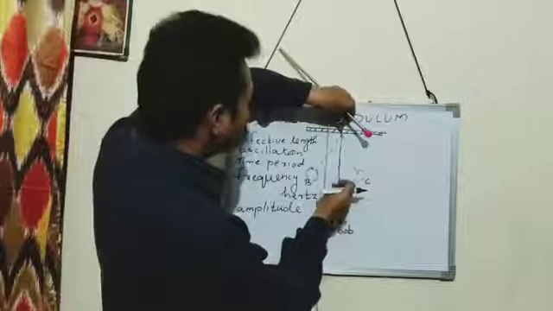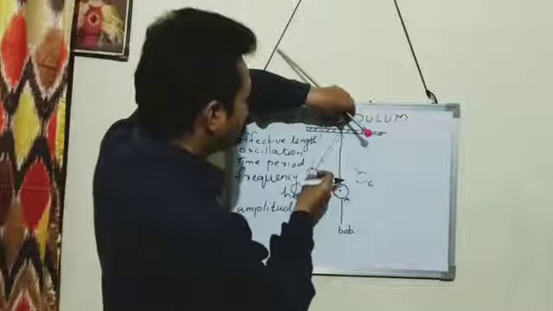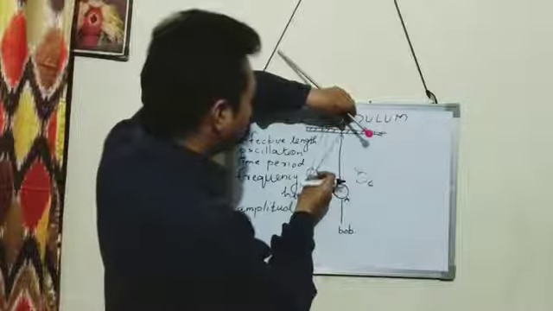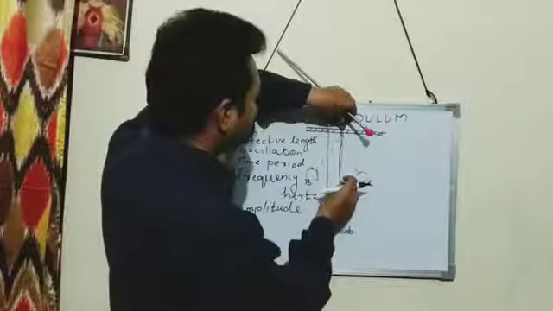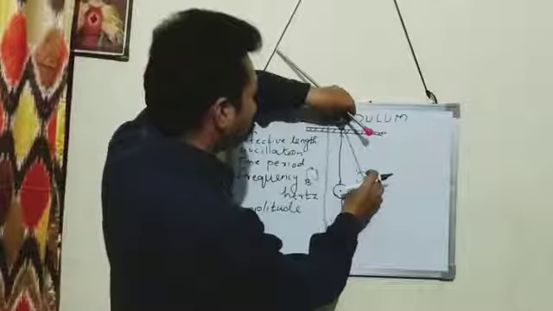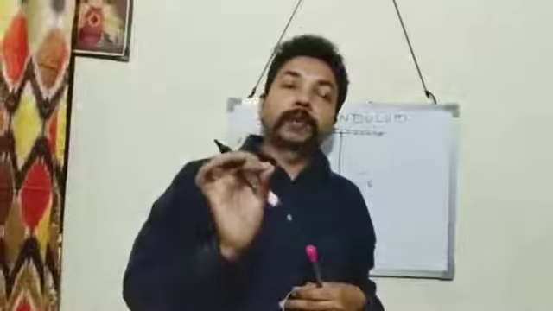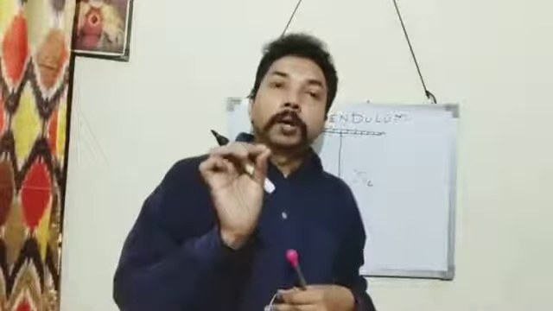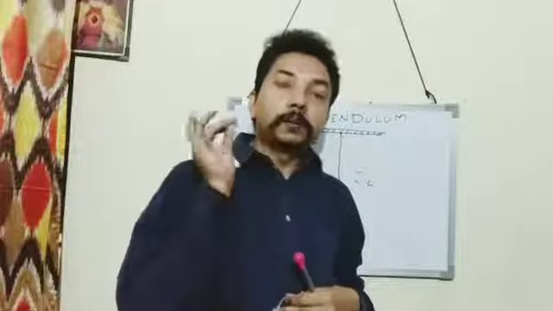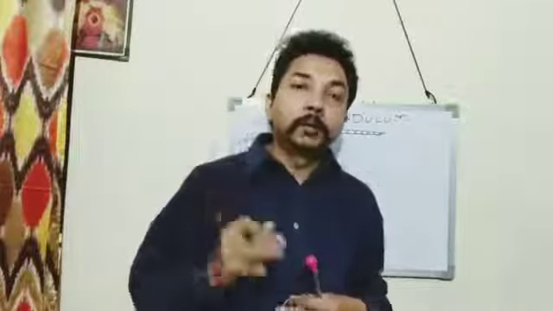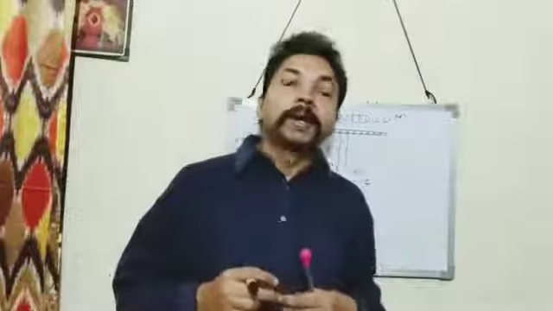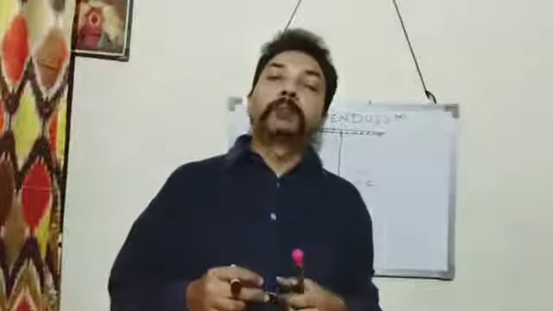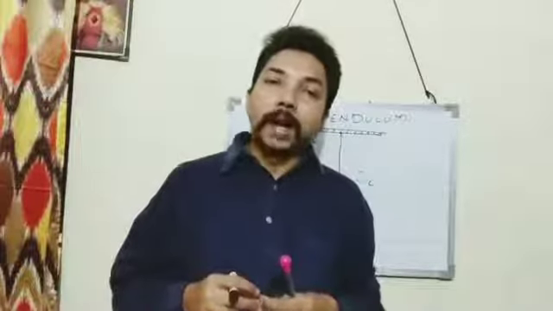From this position it goes maximum up to this much. This is the amplitude. The maximum displacement of a vibrating particle from its mean position is called amplitude. The SI unit of amplitude is meter.